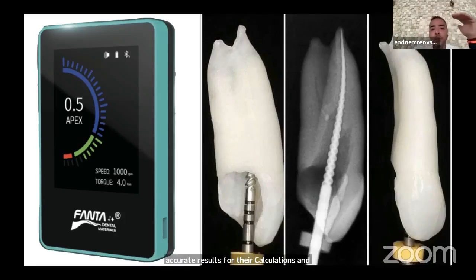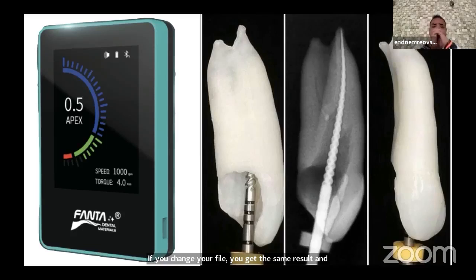And the generation of the chip is important because the upgraded chips have very good functions for calculating the working length. If you put sodium hypochlorite inside the root canal, you get an accurate calculation. If you change your file, you get the same result, and it's very important.